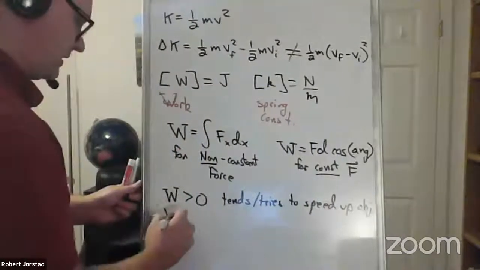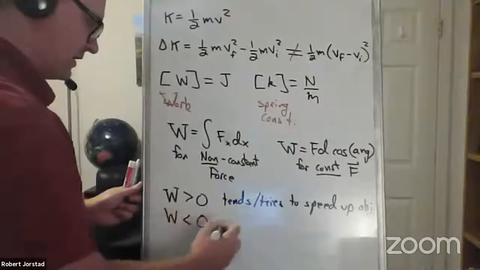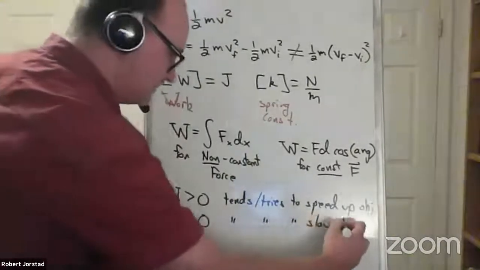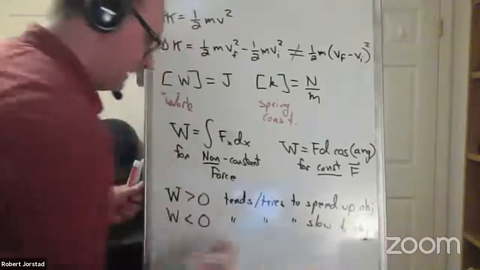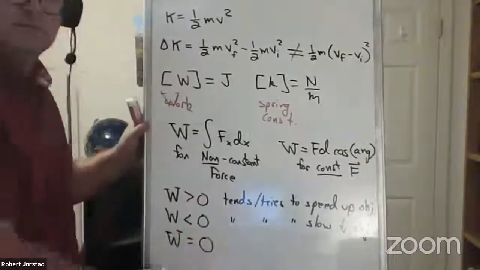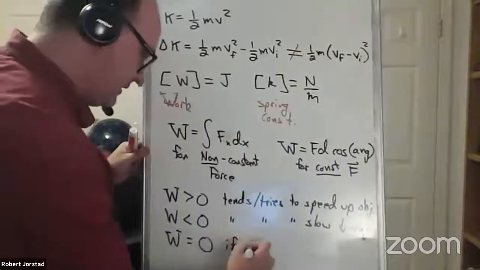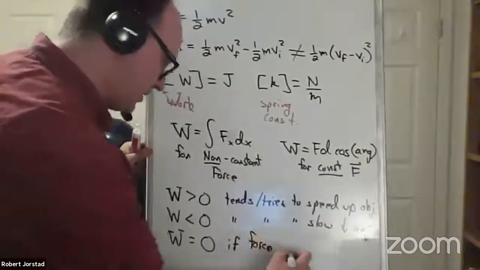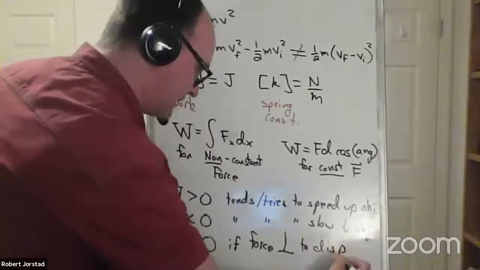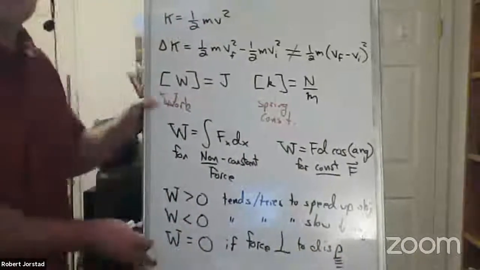Okay. If the work is less than 0, it tends or tries to slow down the object. And work is equal to 0 if force is perpendicular to displacement. And I'm going to put that P there and underline that. Displacement. Sorry, there's some glare there.